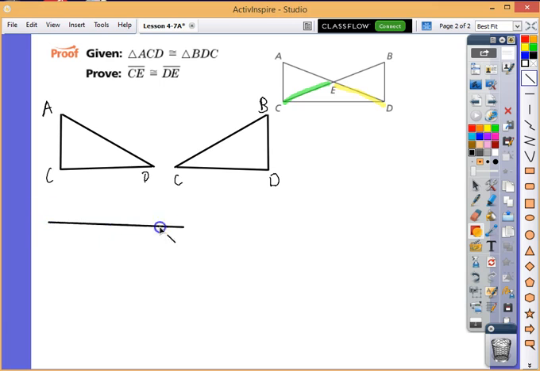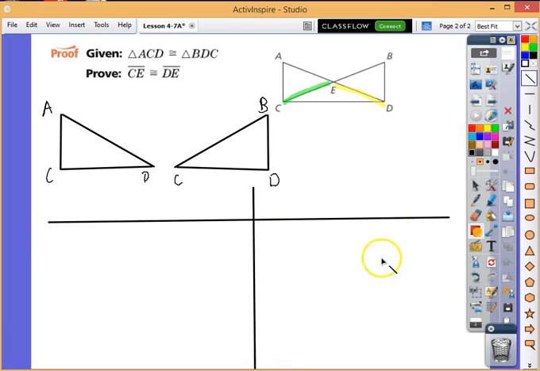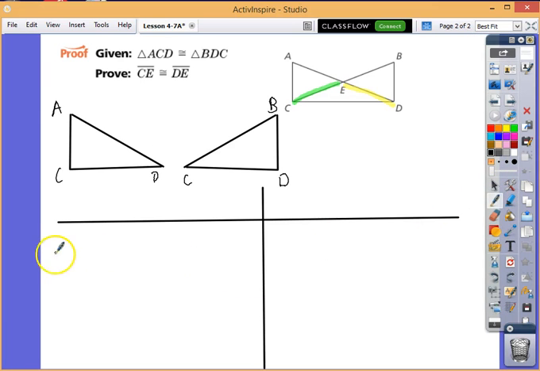So the first thing I'm going to do is write down the given information, of course. The given information is that triangle ACD is congruent to triangle BDC. And that's really nice that they've given us two congruent triangles, because now after I've pulled them apart, it's really easy to see what the corresponding parts are.